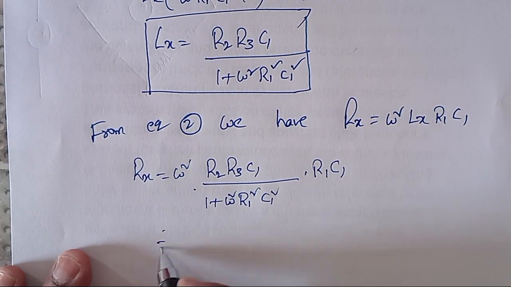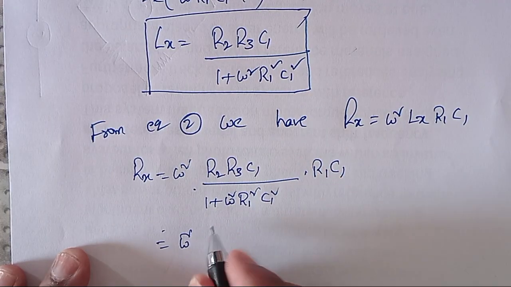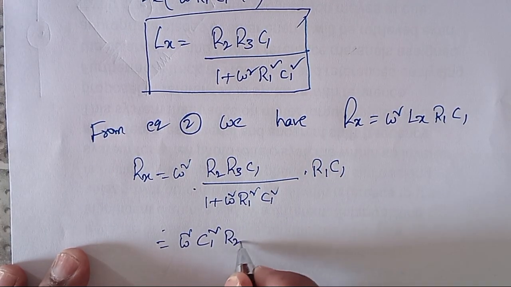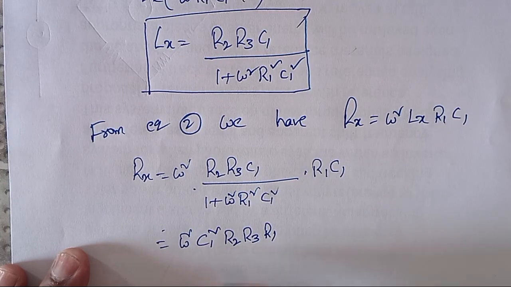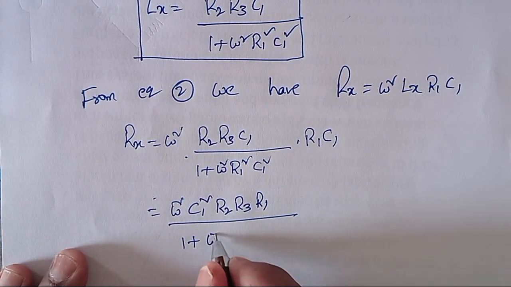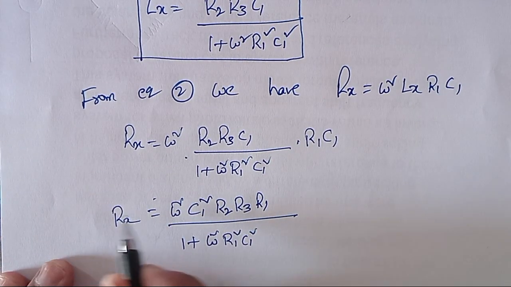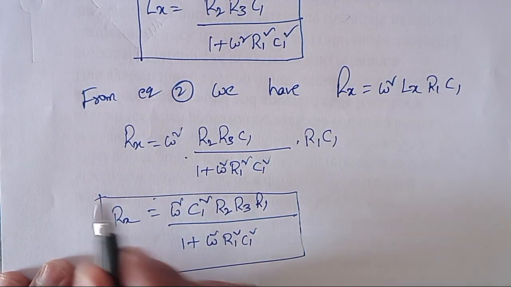Then we're getting ω² C1² R2 R3 R1 by 1 plus ω² R1² C1². It is the expression for Rx.